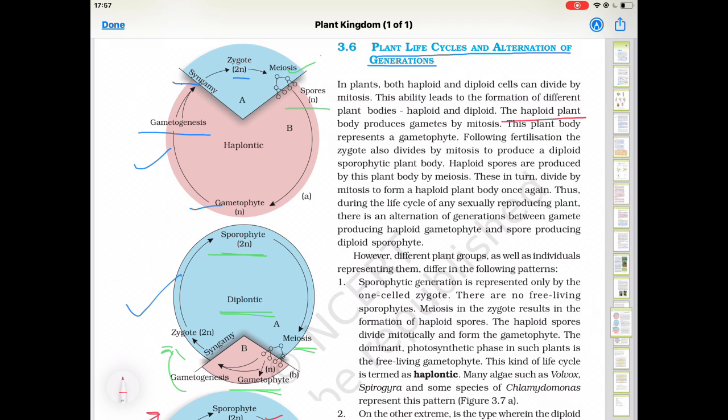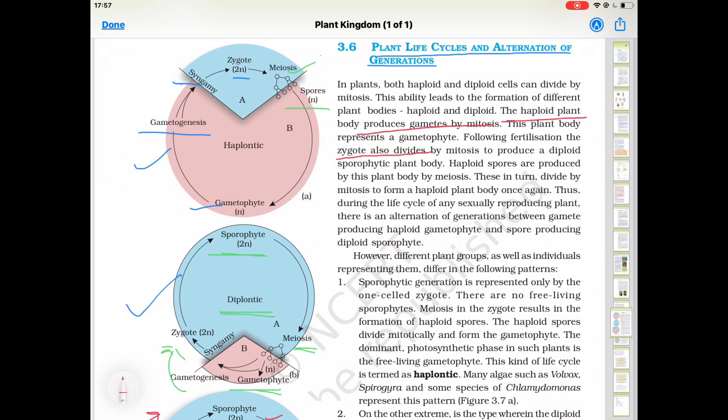The haploid plants produce gametes by mitosis, as you have seen in the case of algae. The plant body represents a gametophyte in the case of algae. Following fertilization, the zygote also divides by mitosis to produce diploid sporophytic plant body.